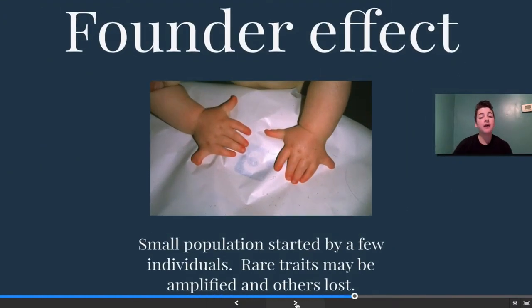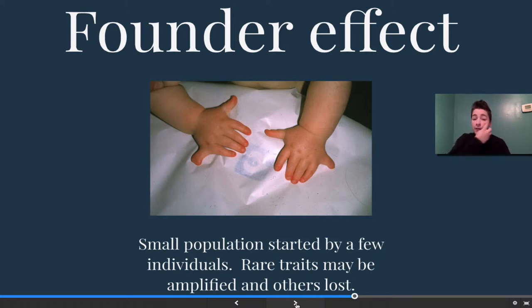The founder effect is when you have a small population that was started by a few individuals. In order to keep that population going, the gene pool is very small, and all of the organisms within that gene pool have to interbreed. So rare traits can be amplified, such as what's in the picture, called polydactylism, where the human has 6 fingers.